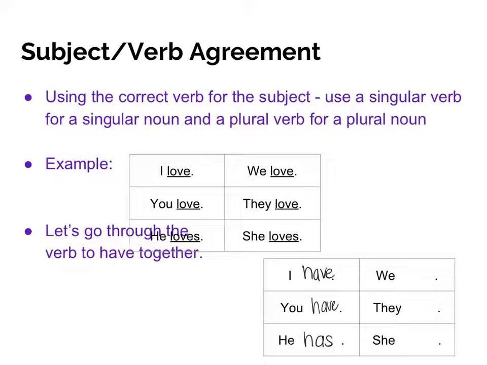Now for we, 1, 2, 3. And they, 1, 2, 3. And then for she, 1, 2, 3. So you'll notice the only one that's different is the third person singular. Everything else is the same.